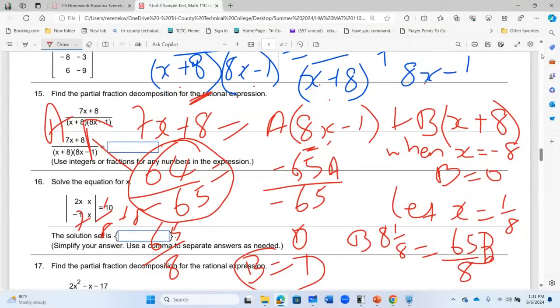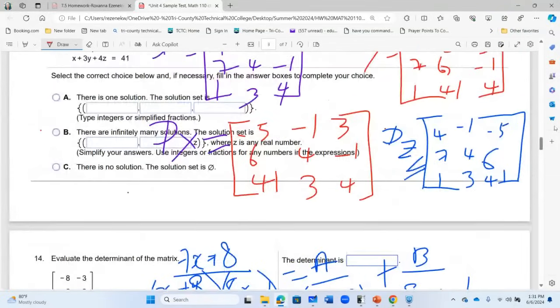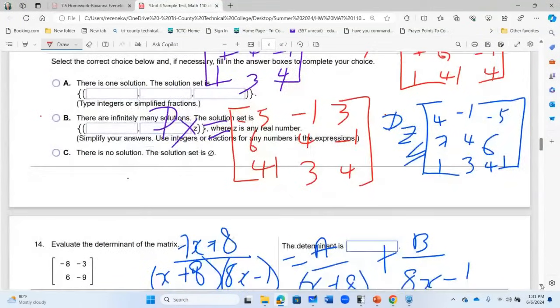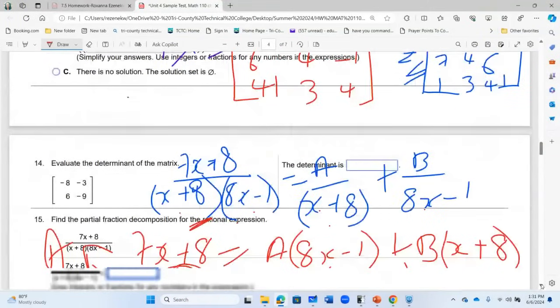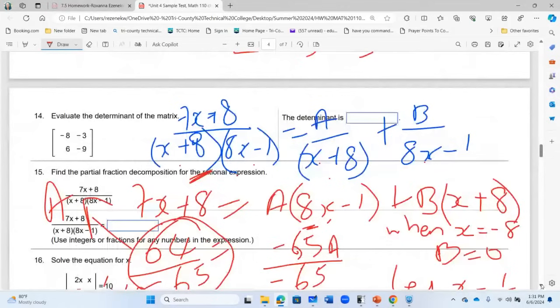So when you're rewriting, you come over here and put in the value. The value of A is negative 64 over 65. So instead of A here, you can now put negative 64 over 65.